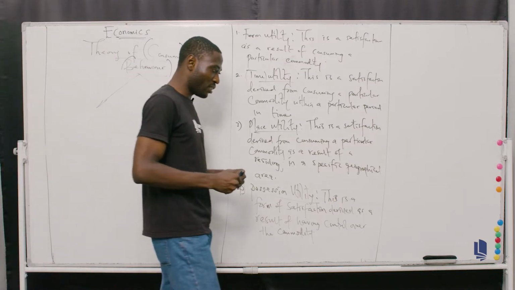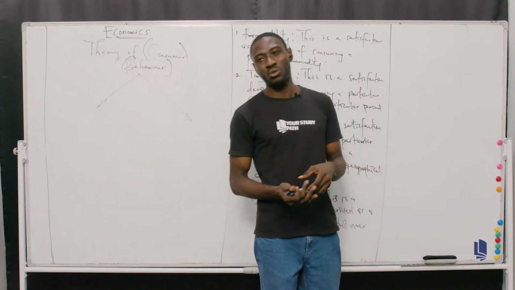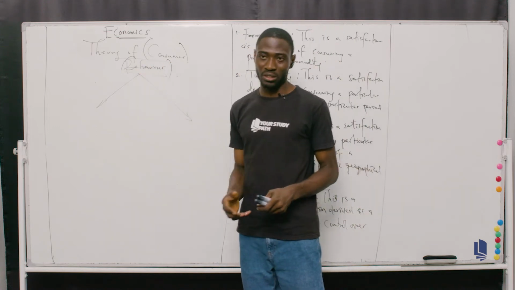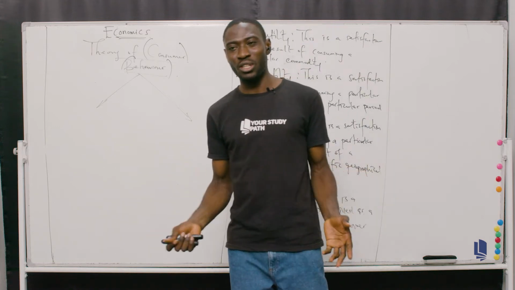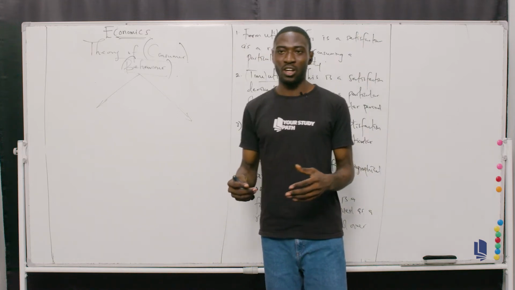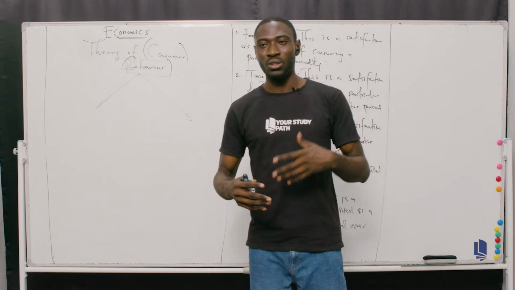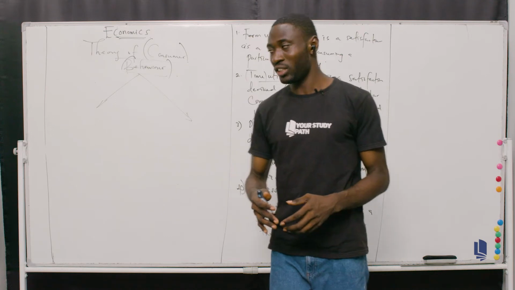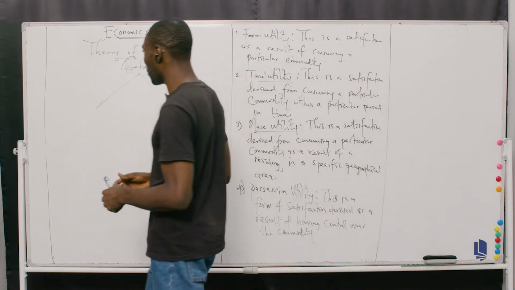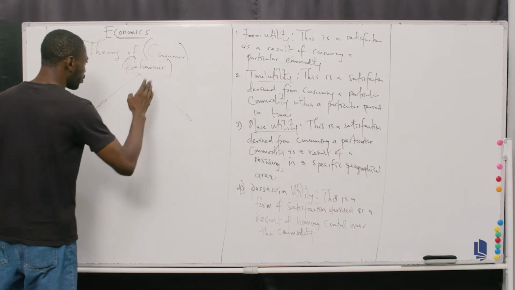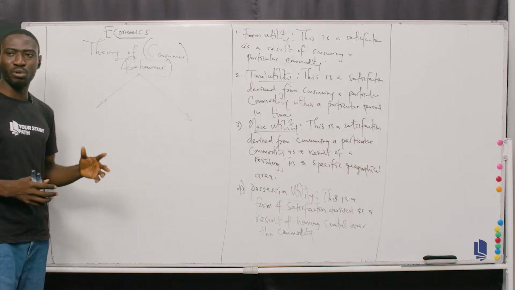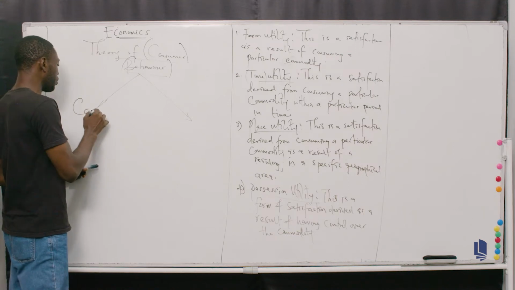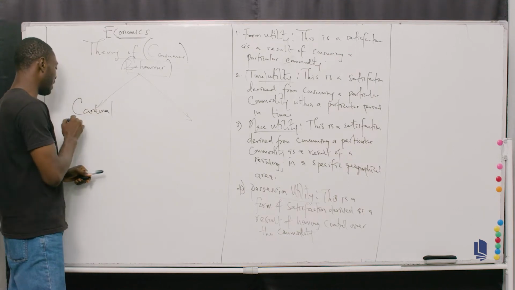That means people that have a particular notion or a particular idea about this topic. Generally in economics, you have a lot of people that come together and say a lot of things about different subject matters. Under the theory of consumer behavior, you have two important schools of thought. The first school of thought we have is the cardinal school.